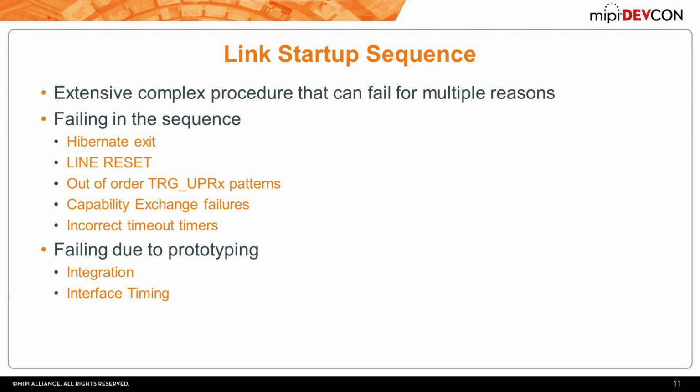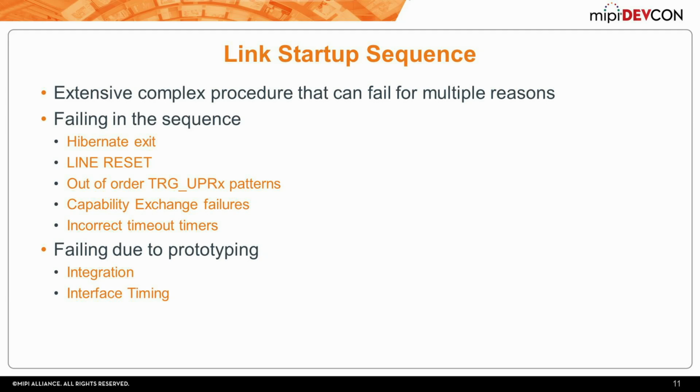It can fail also due to integration issues. For example, it may have incorrect IP integrated, wrongly dimensioned memories, wrong constraints, you name it, or due to interface timing issues.